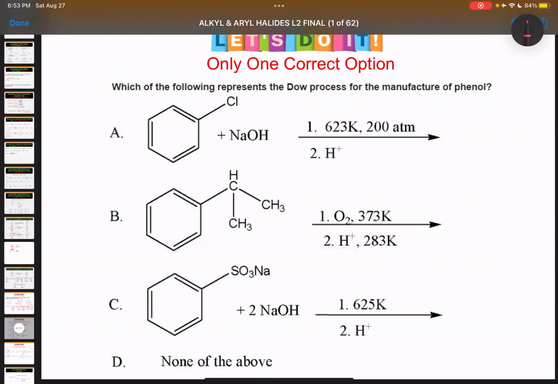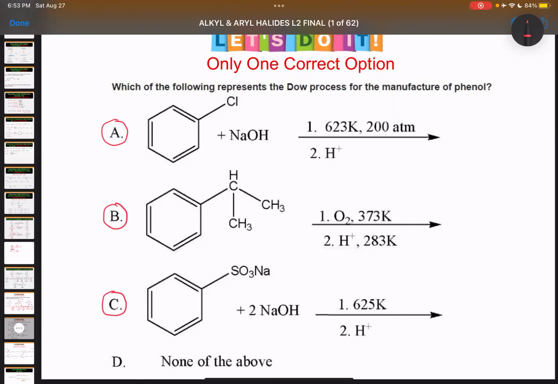Phenol is actually prepared by many methods, and all these reactions are preparations of phenol only, by different means. One is from chlorobenzene, the first one.